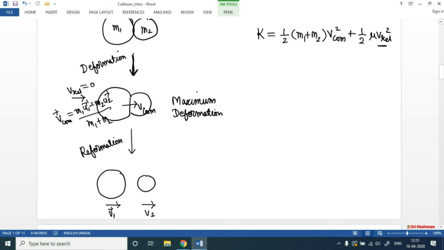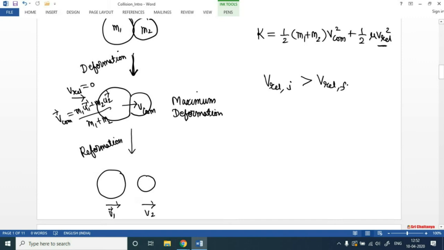During the reformation, this again will develop some relative motion between them because they are reforming. If the reformation is not complete, let's say the colliding bodies have not regained their shape completely, then the relative velocity before the collision, the initial one, will be greater than the relative velocity after the collision.